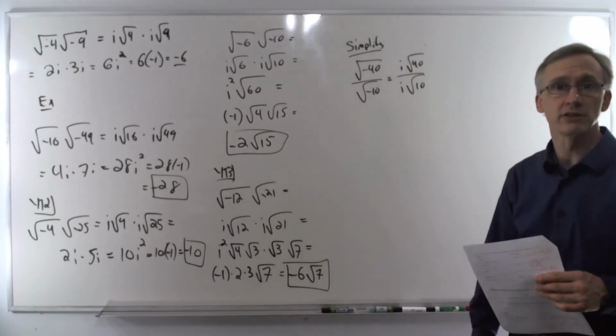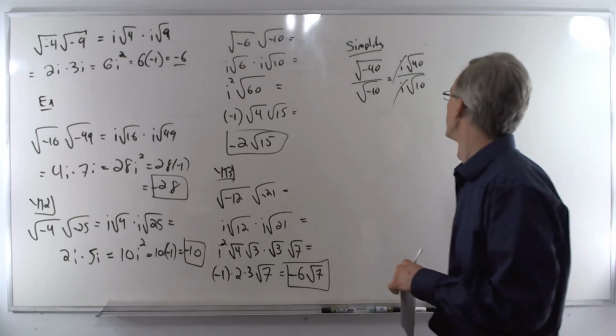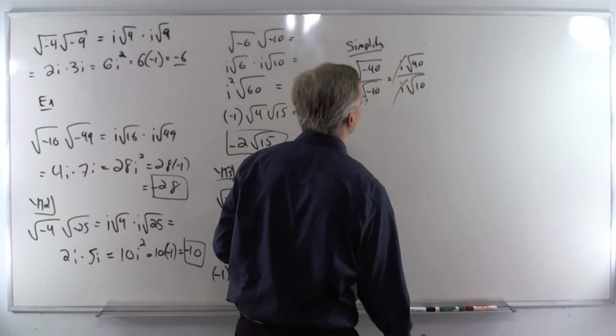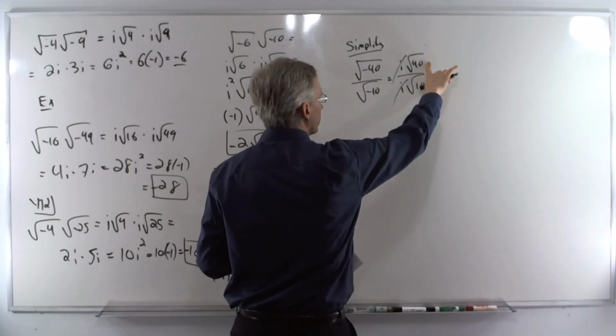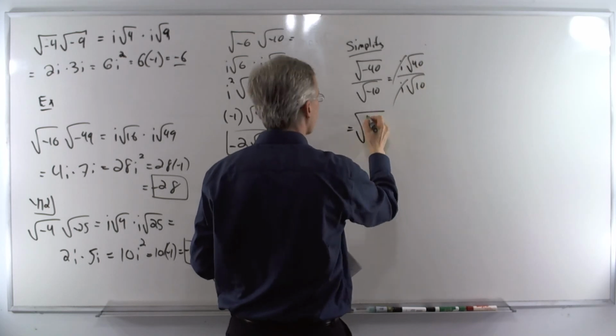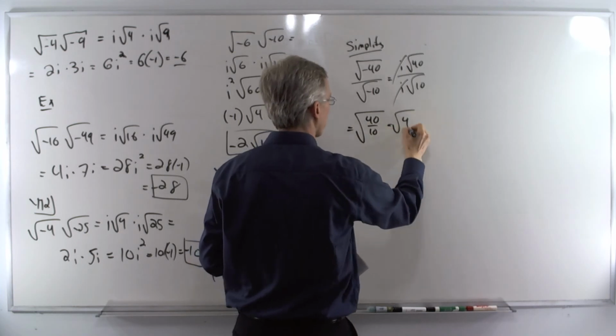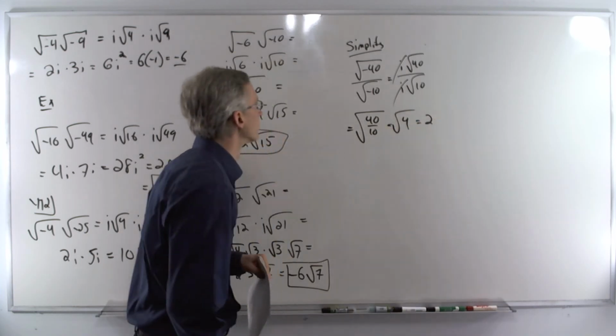Now the i's will cancel just like a variable, so those go away. And then here, we can use the quotient rule. So that gives us square root of 40 divided by 10, which is the square root of 4, which is 2.